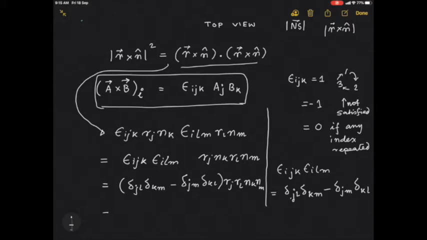rj rl nk nm. Okay, so let's see what I get for the first term. I have delta jl, which means if j is not equal to l, this term is 0. So j has to be l, which means this is rl times rl, which is nothing but r dot r.